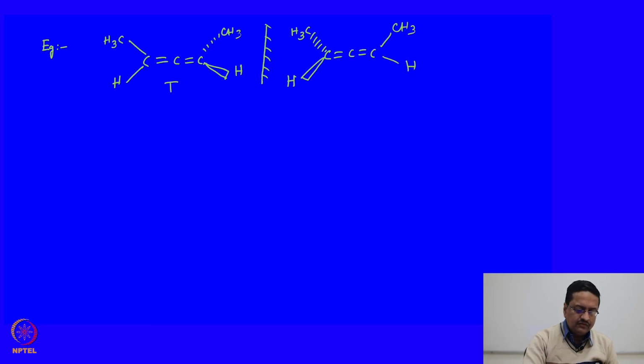This is our molecule 1 and this is the molecule 2, where this compound was found to be R isomer and this is the S isomer.